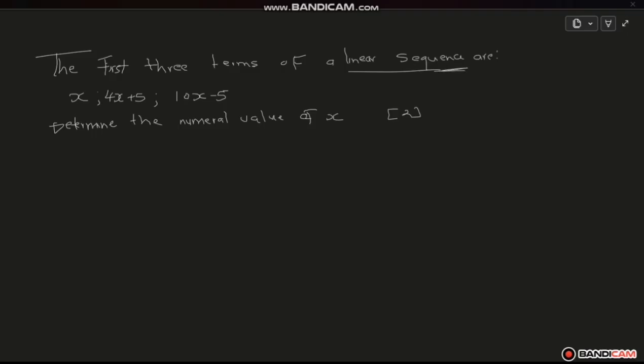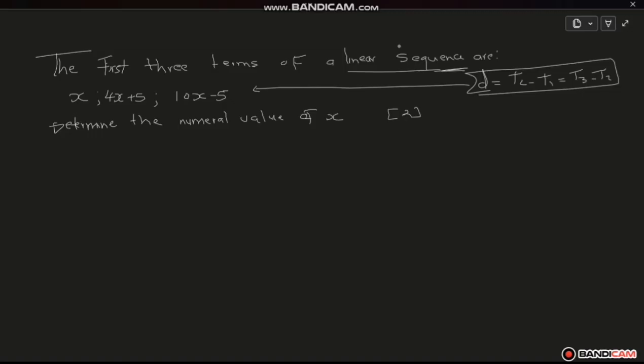Okay, this is a linear sequence. We are given the linear sequence x, 4x plus 5, 10x minus 5. Then they say determine the numerical value of x. What you must know here is that whenever you are given unknown variables in your sequence or in your pattern, you determine the value of x using the common difference if it's linear, or you use the common ratio if it's an exponential or geometric sequence.